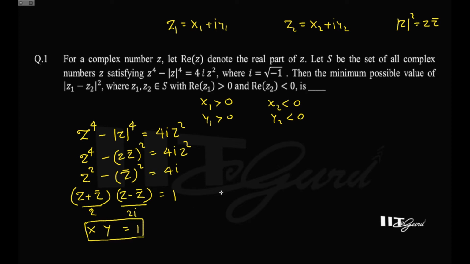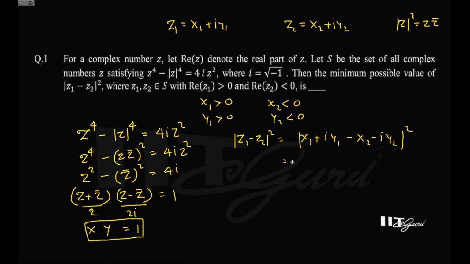Now what do we have to do? We have to find the minimum value of |z1 minus z2| whole square. So let's open it. As you know, |z1 minus z2| whole square can be written by substituting z1 and z2: x1 plus iota y1 minus x2 minus iota y2, and then mod whole square.